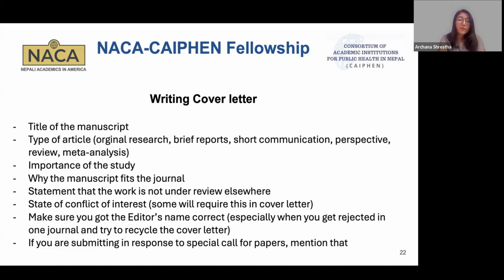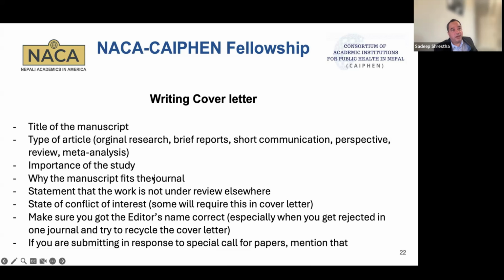If there is any conflict of interest, state that, and make sure that you got the editor's name correct. Sometimes we are recycling our cover letter from one journal to another and we miss that part. So especially when you get rejected in one journal and are trying to recycle it, make sure your editor's name is correct. And then if you are submitting in response to a special call for papers, you can mention that, but keep it brief.